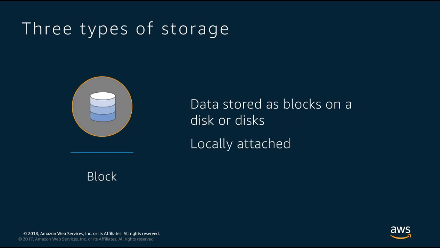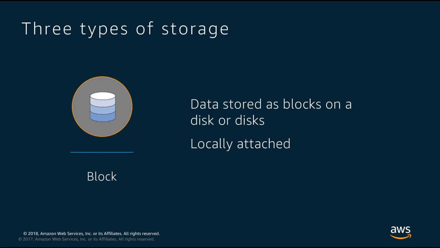With block storage, it's a disk or set of disks in which data is stored directly in chunks called blocks. The disk or set of disks is attached to a single computer, and you can have your operating system work with block storage such that the operating system presents the data in a file system format while storing the raw data as blocks.